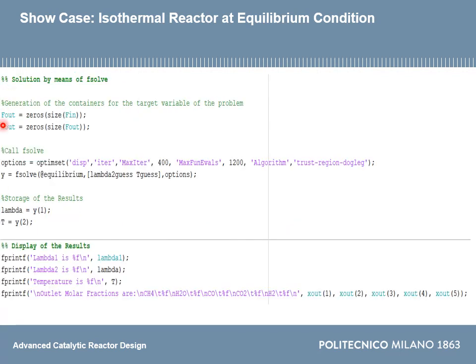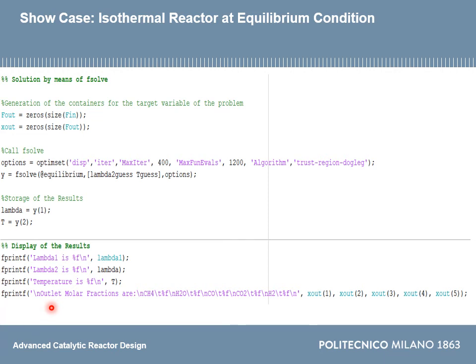We call fsolve, as previously discussed, and then we store the results of the extent of the second reaction and temperature in lambda and t. Finally, we use fprintf to print the results on the screen, as we will see later.